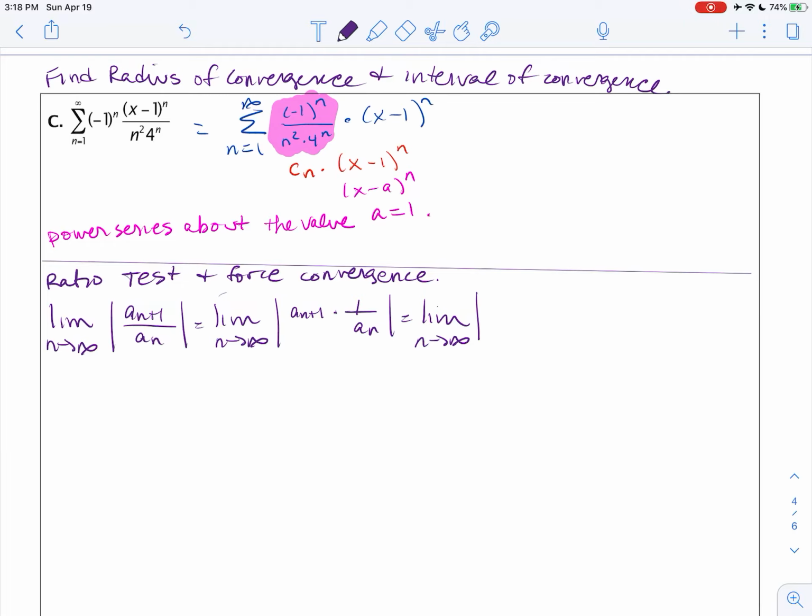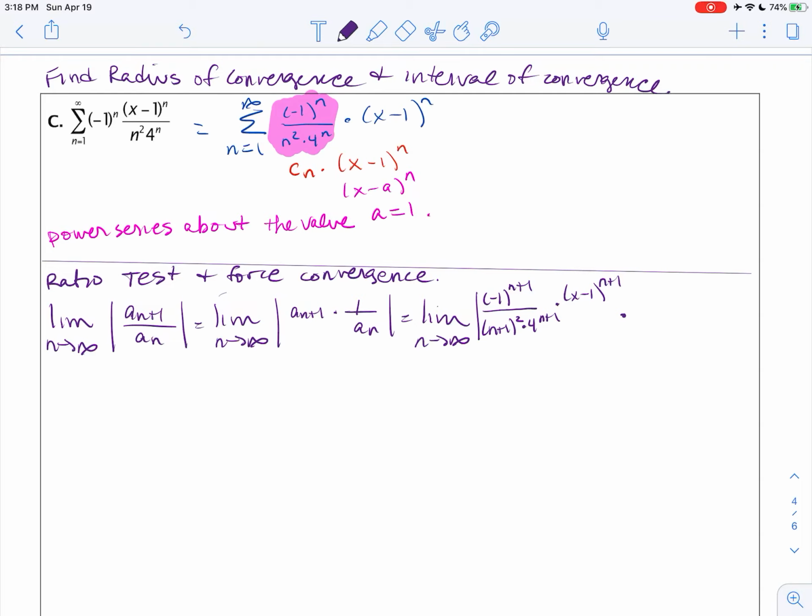Remember, your a sub n is the entire expression inside of that summation. So I'm going to say that that is negative 1 to the n plus 1 over n plus 1 squared times 4 to the n plus 1, and then I have times x minus 1 to the n plus 1.